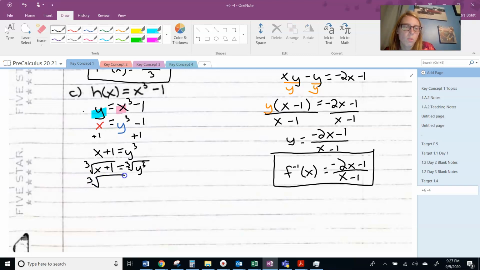So you get the cube root of x plus 1 is y. Writing it in function notation, f inverse of x, so the inverse of f of x, equals the cube root of x plus 1.